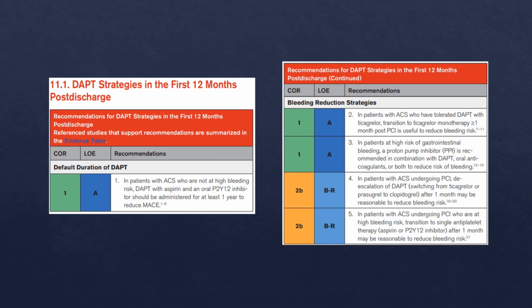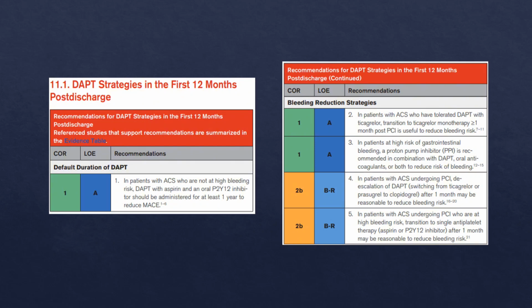And high-risk patients with GI bleeding risk should be given a proton pump inhibitor, and it has also got a class 1 recommendation. In patients with ACS undergoing PCI, de-escalation of DAPT, like switching from ticagrelor or prasugrel to clopidogrel after 1 month, may be reasonable to reduce the bleeding risk, and it has got a class 2B recommendation.